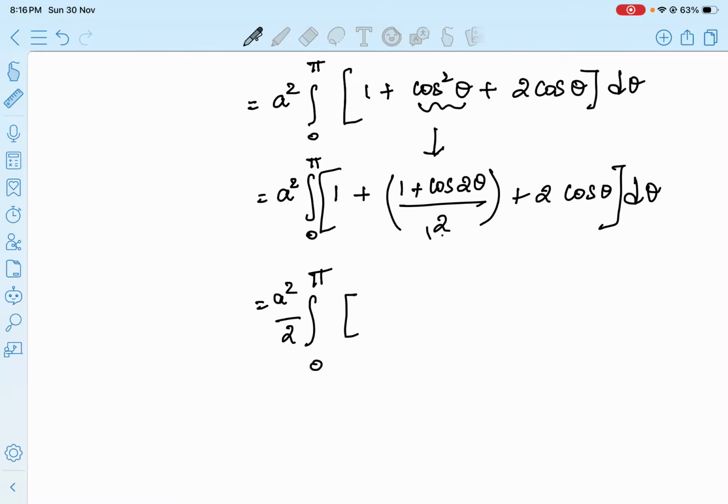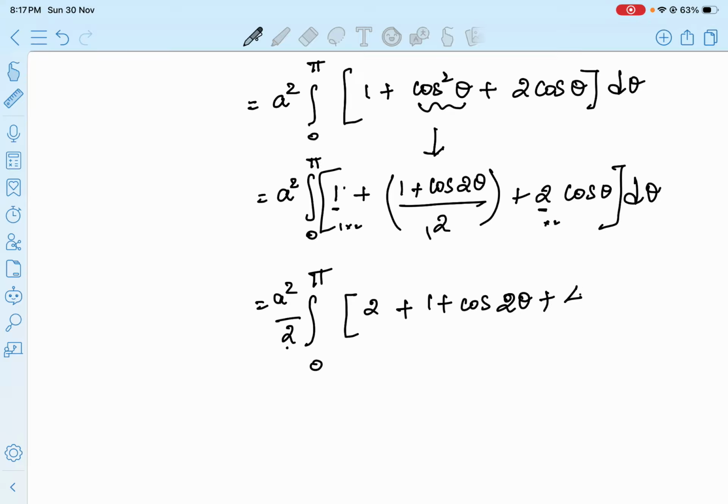So we have 2 only here, but we don't have it here, but we have commonly taken the 2 outside. So here also we want to include the 2. If it is 1 into 2 into 2, the numerator will become 2 plus 1 plus cos 2 theta plus here also we will do into 2.